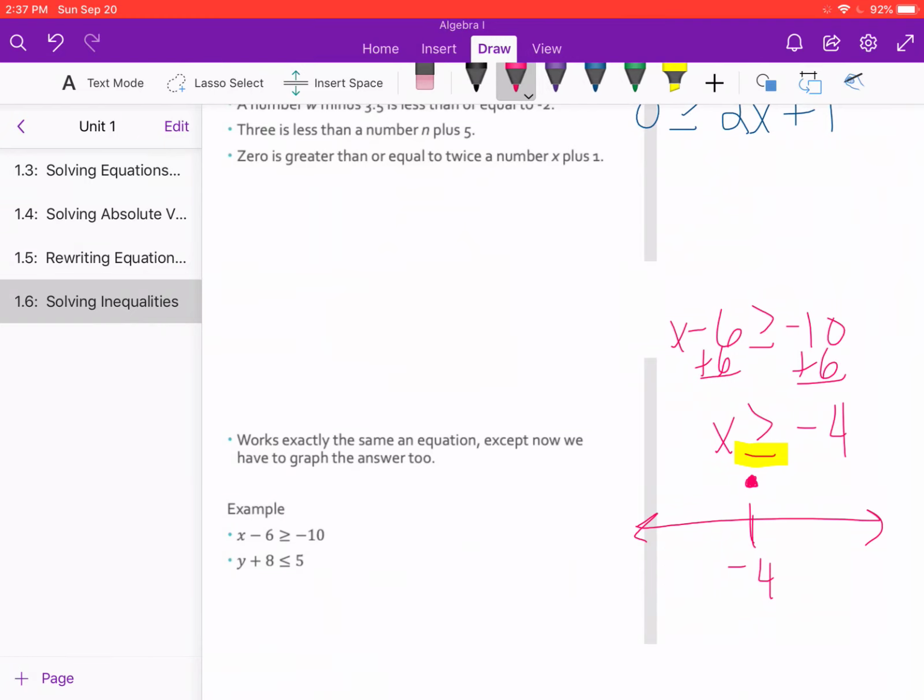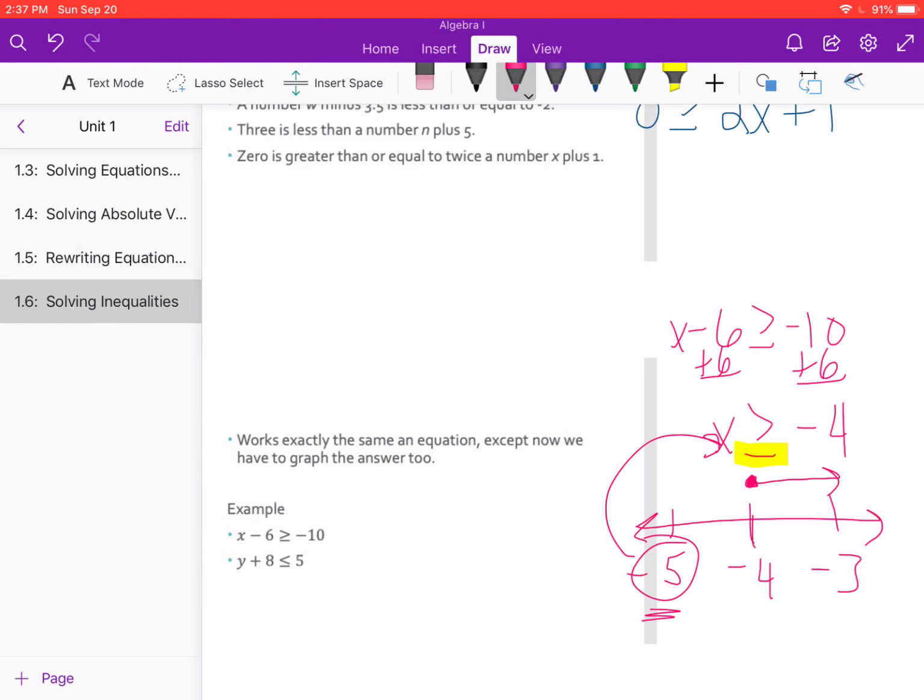Then we're going to pick a number on either side. It could be negative 5 or negative 3. Let's try negative 5. I'm going to plug it back in and see if it works. Negative 5 is greater than or equal to negative 4. That is incorrect, so I want my arrow to point away from negative 5 because negative 5 does not work.